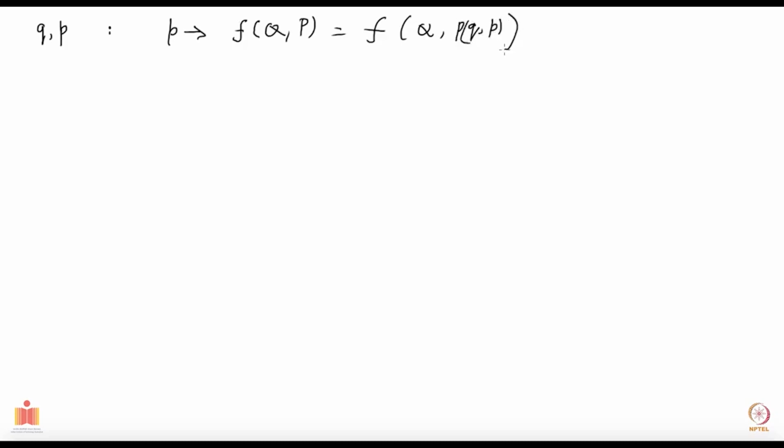Okay, this is what you can do. So now what you have is your P written as a function of capital Q, small q and small p, which means this entire thing you can write as some function g of q, capital Q and small p equal to 0, and from this you can determine your small p as a function of small q and capital Q. Which means that instead of taking q and p as independent, you can take small q and capital Q as independent.